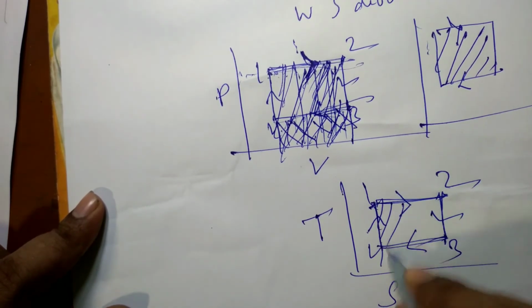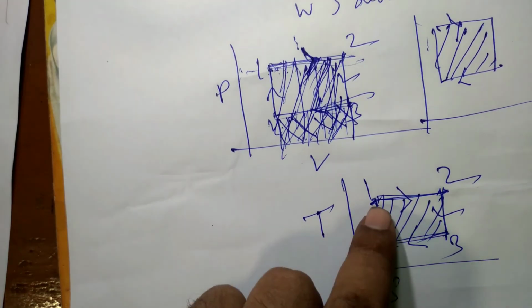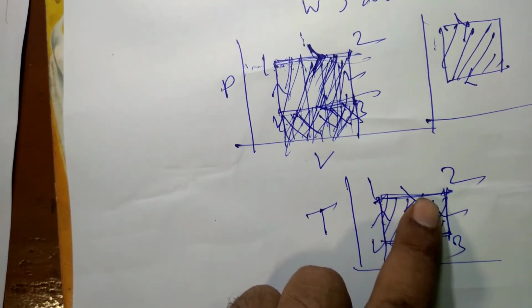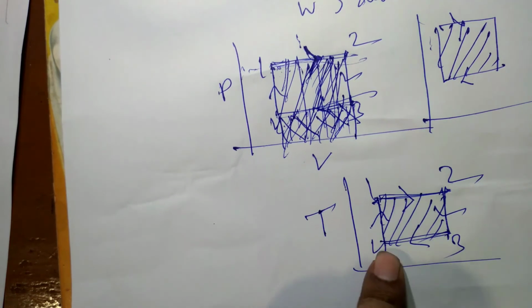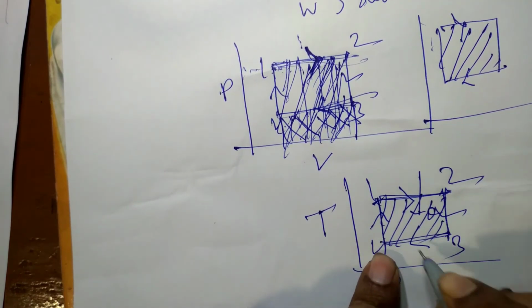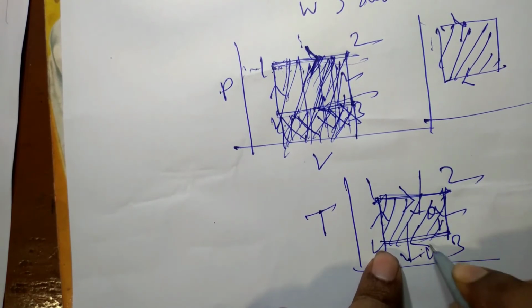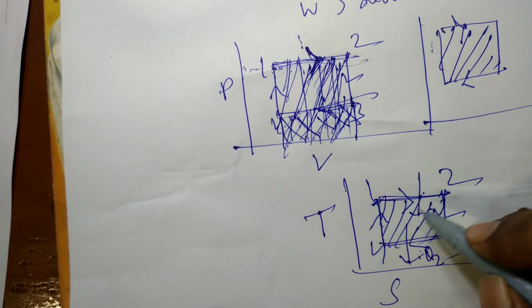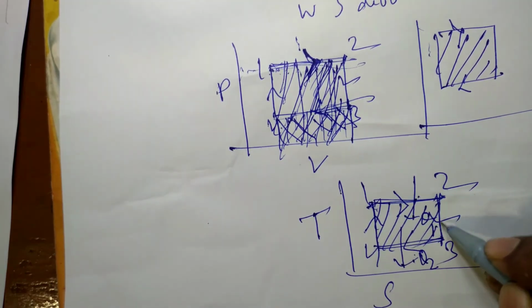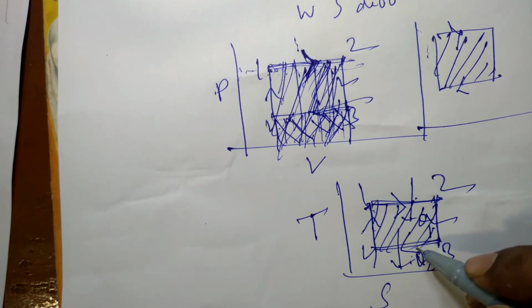So obviously included area represents the net, and if it is clockwise cycle, net heat input. 1 2 पे heat added हो रहा है and 3 4 पे heat rejected हो रहा है. यहाँ heat added हो रहा है और यहाँ से कुछ rejected हो रहा है. तो suppose this is Q1 and this Q1 heat सिस्टम को add हो रहा है during the process 1 2, and during the process 3 4 उससे Q2 heat जो है वो rejection हो रहा है.